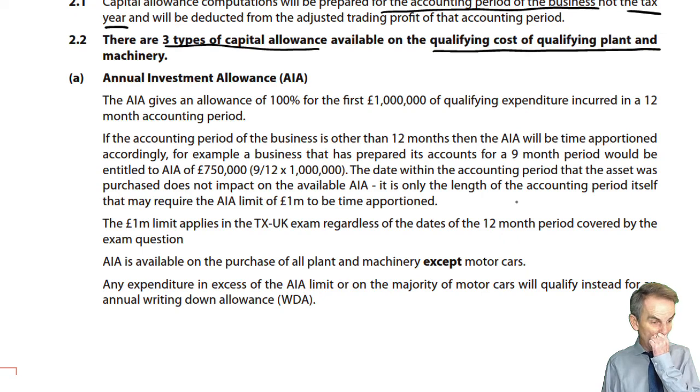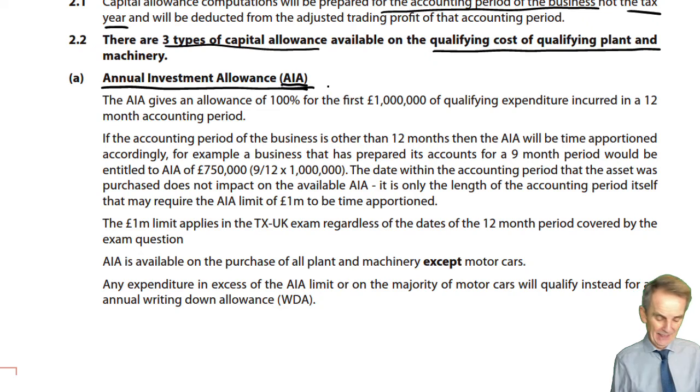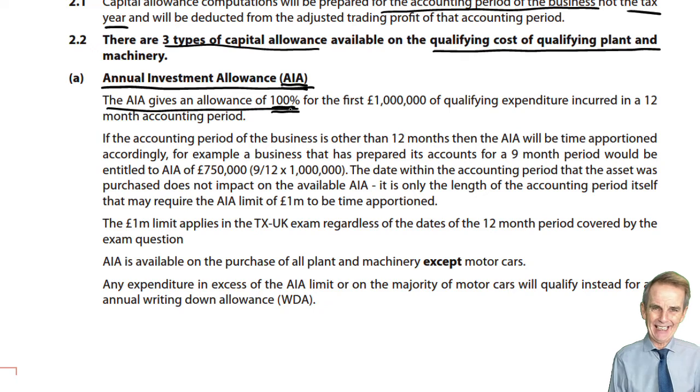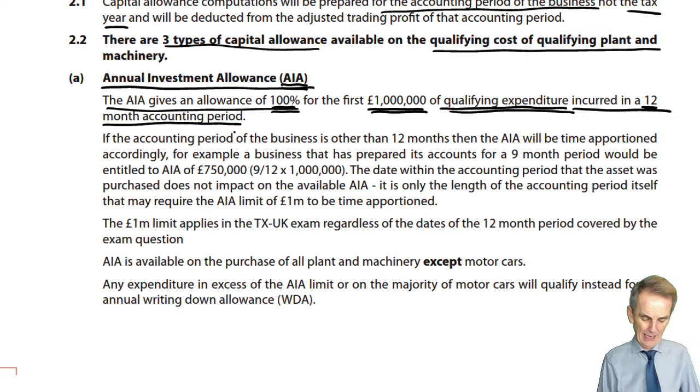But the first and main allowance that will be available, an annual investment allowance, something we'll know as an AIA from now on. Now, the AIA gives an allowance of 100%, i.e. the full cost of the qualifying cost of plant and machinery, 100% of it, and it's for a very big number, for the first £1 million of such qualifying expenditure incurred in, and here's the point about the length of the period, in a 12-month accounting period.